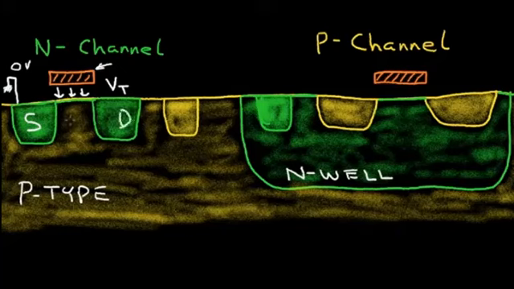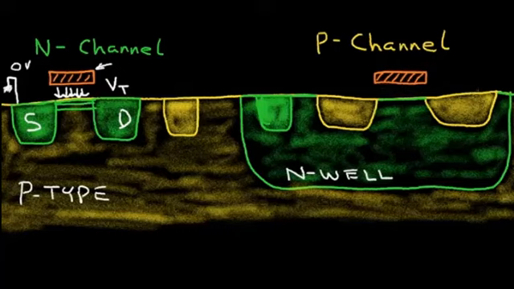Now, as we increase the voltage at the gate, this electric field becomes more intense, and we drive this channel region down further. Now, a similar thing happens with the P channel, except the voltages are reversed.